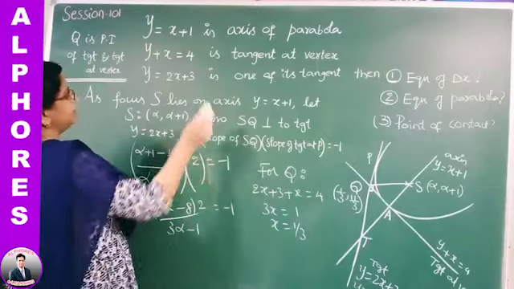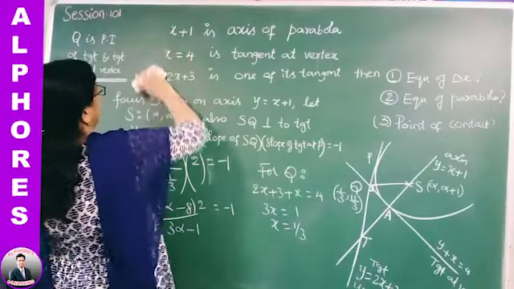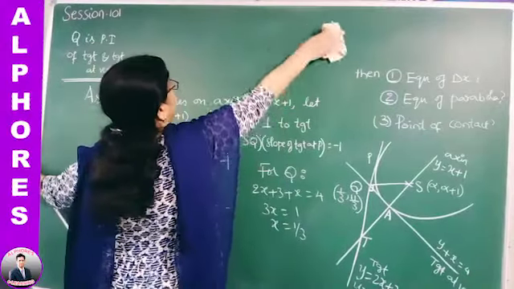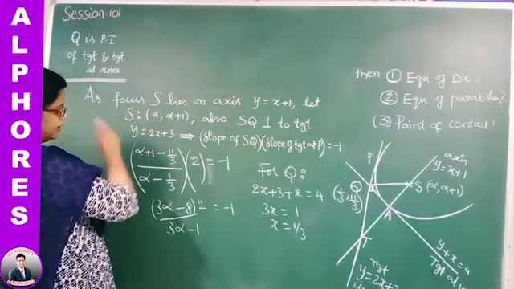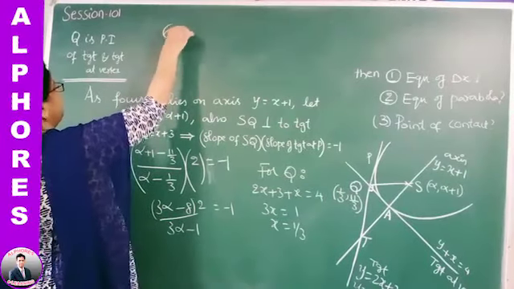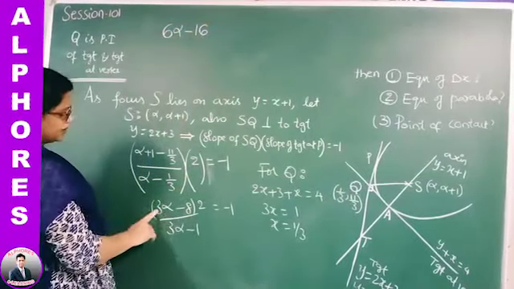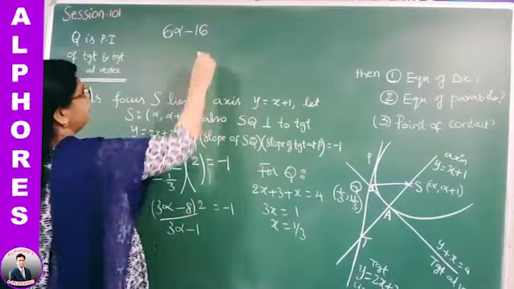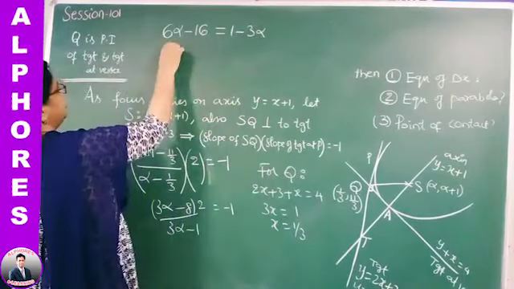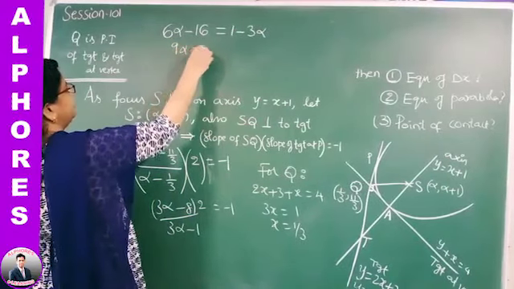Then if you do cross multiplication, what about the result? That is 3 alpha minus 8 into 2 implies 6 alpha minus 16, equal to 1 minus 3 alpha. That implies, if I write in this way, 9 alpha equal to 17.